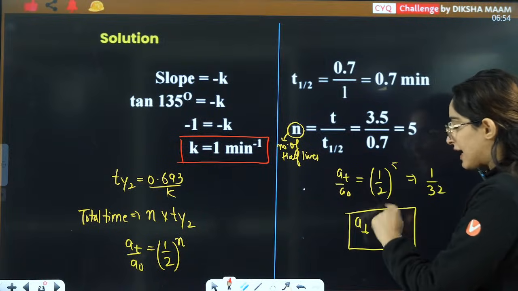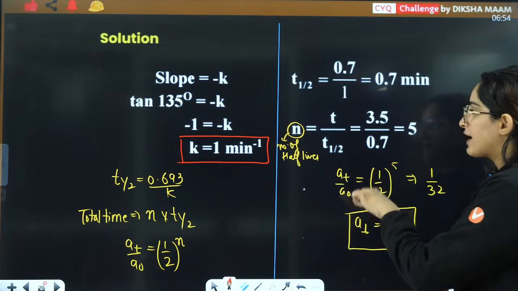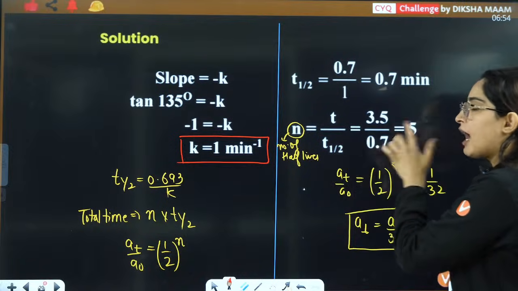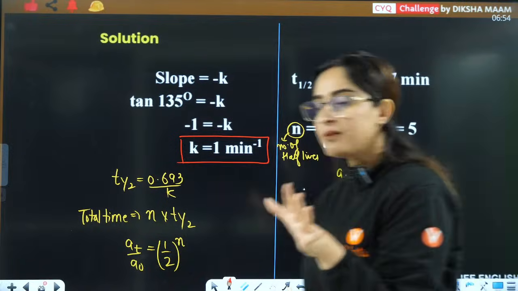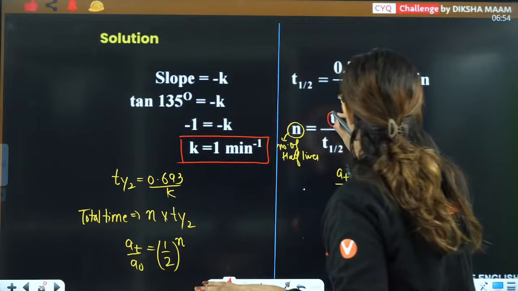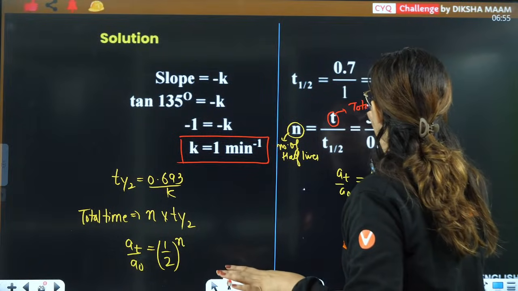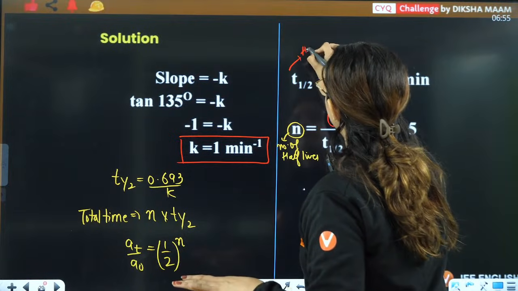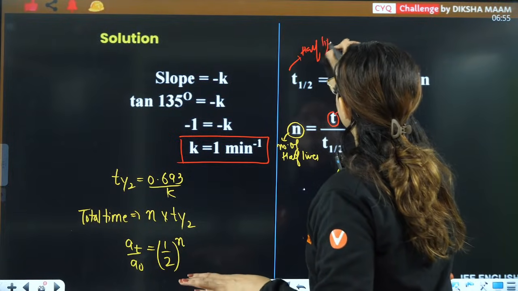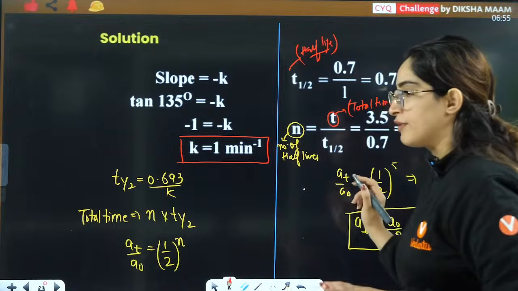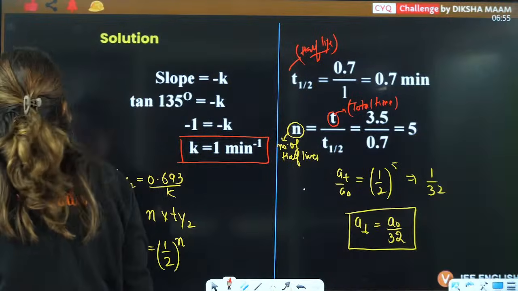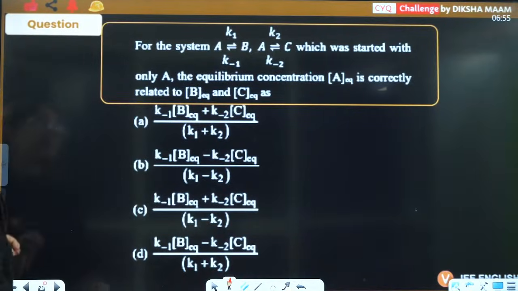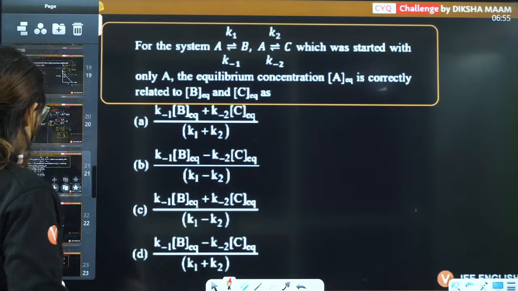You will calculate the value of n here, that is the number of half lives. N multiplied by T half is the total time. Okay, this t is nothing, this is the total time. This is half life. This is the number of half lives, right? Okay, yes.